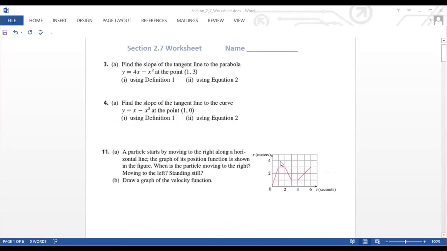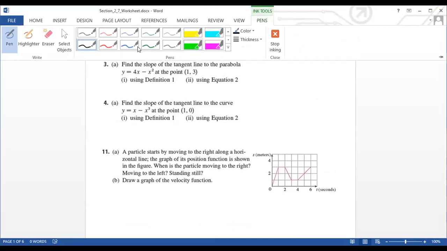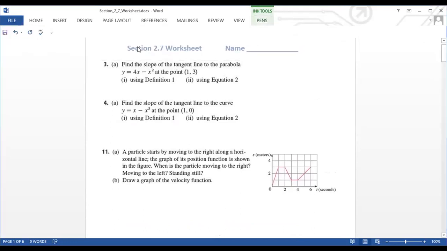For the first 2 problems, find the slope of the tangent lines by using the different definitions. Both problems try to find the slope of the tangent line. Basically, the slope of the tangent line is f prime of x at the given point by using the definition.